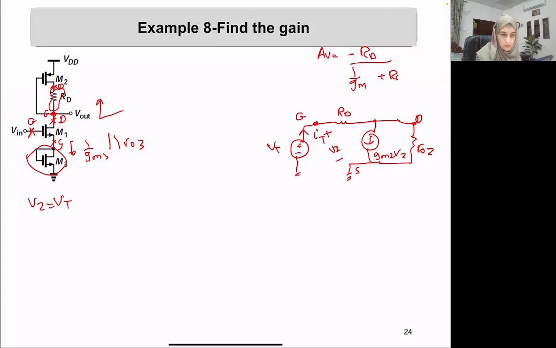Okay, and yes, now we can find the equation. So let's make this loop here.